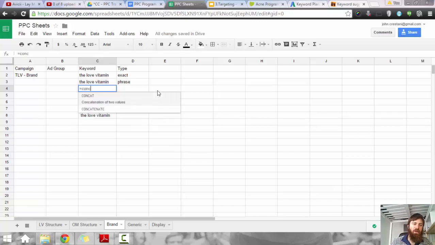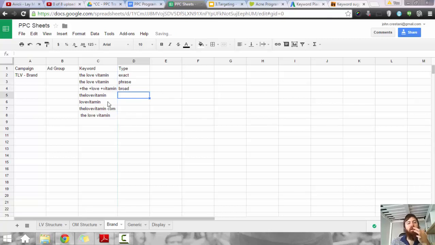So what I do is I actually just do concatenate. So we do concatenate, then we do substitute, and then I say every space should be a space plus, and I have to close out. This is my modified broad, and it's a modified broad because it has pluses in front of every term.